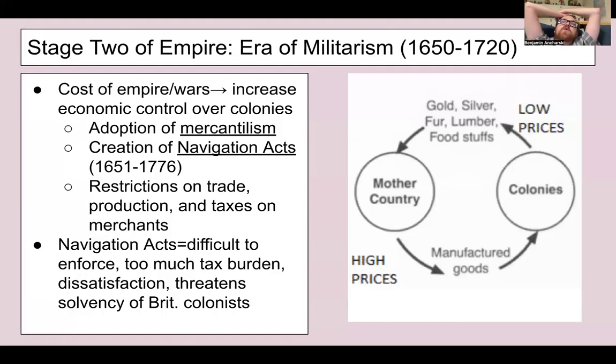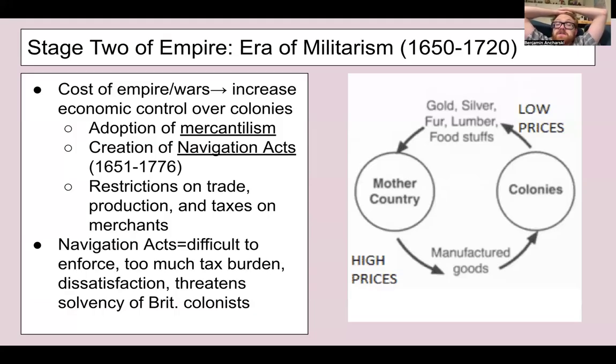In order to enforce mercantilism, the English government will pass a series of laws collectively known as the Navigation Acts. The Navigation Acts do a lot of things, but one of the big things is that they not only create a system of customs and inspection of goods coming in and out of the colonies, but also include some newfound taxes on merchants themselves.